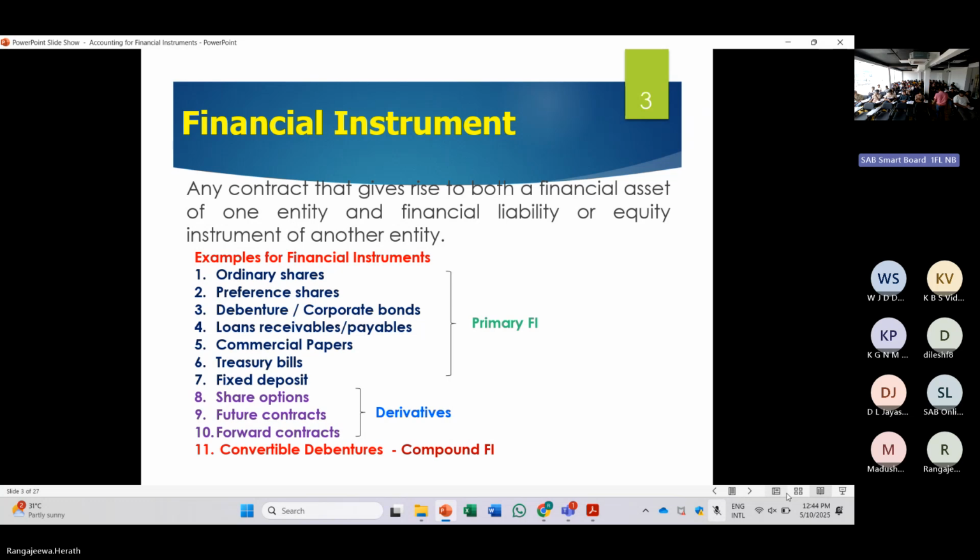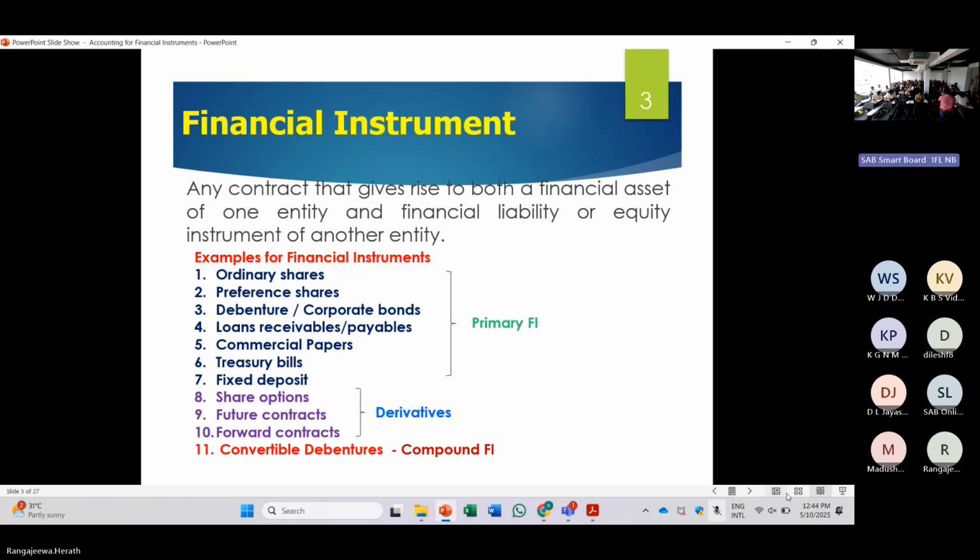Redeemable preference shares. That means when the preference shares are issued, there is a condition that these shares will be redeemed by the company after some years. We issue preference shares and redeem them after 10 years.